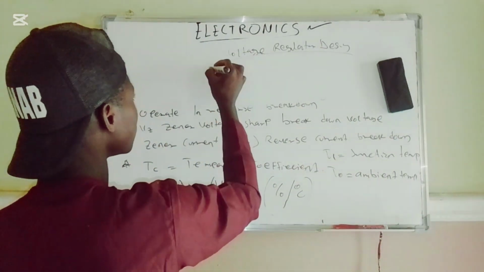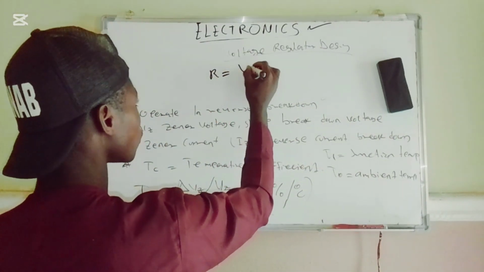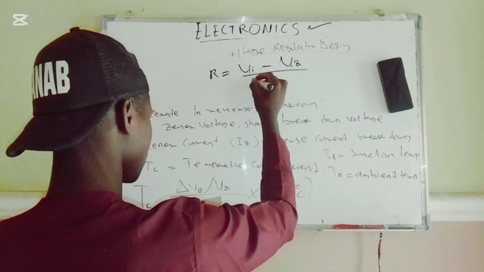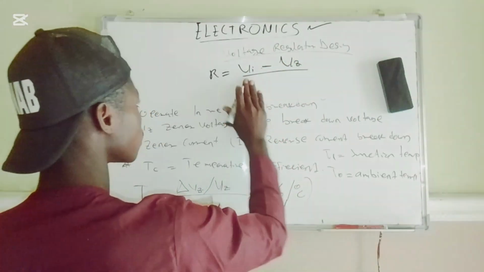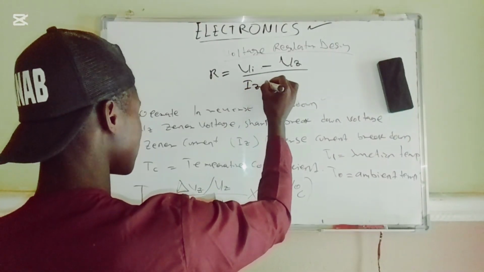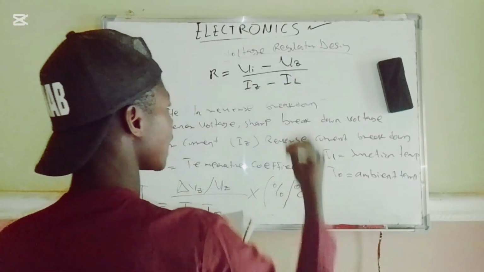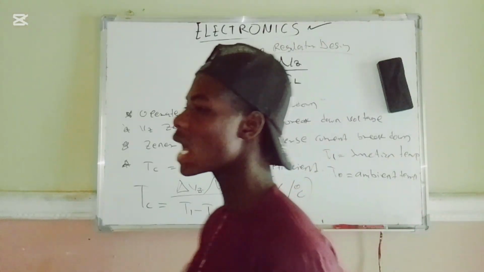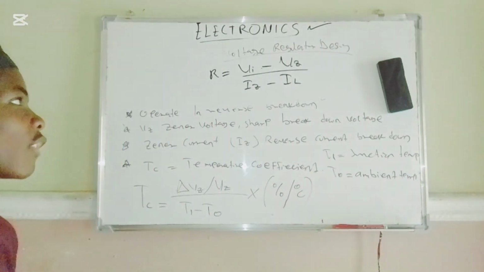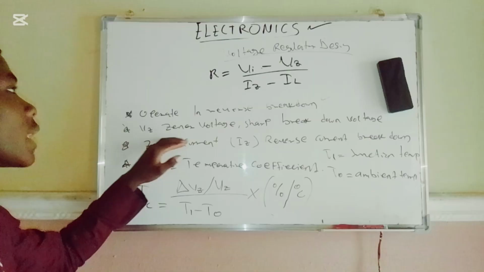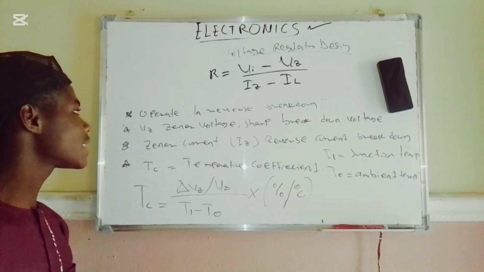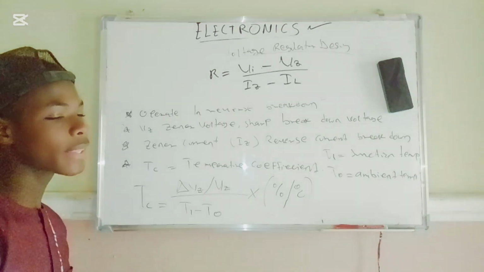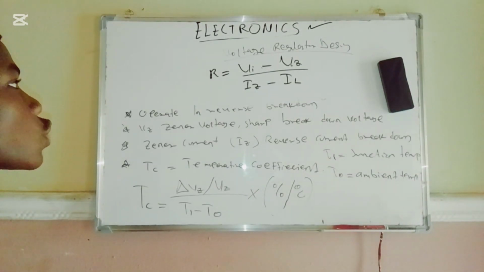R equals VI minus VZ, divided by IZ minus IL. VI is the input voltage, VZ is the Zener voltage, IZ is the Zener current, and IL is the load current.